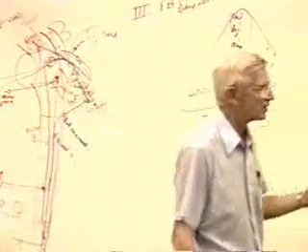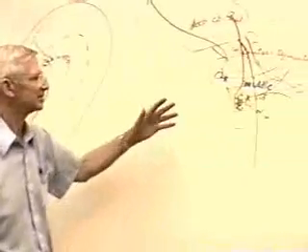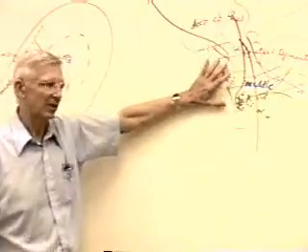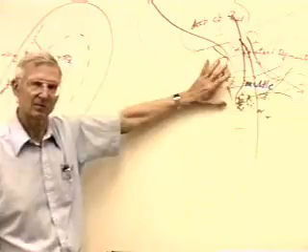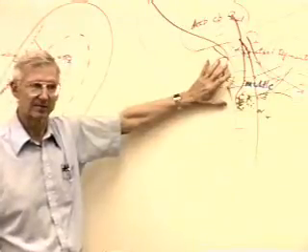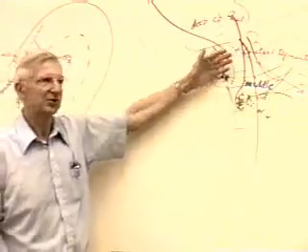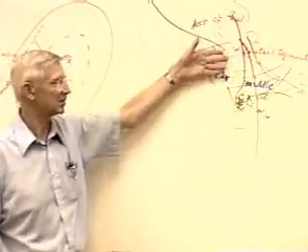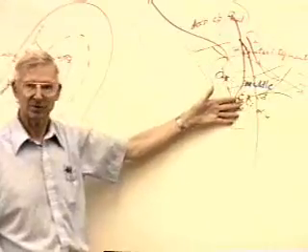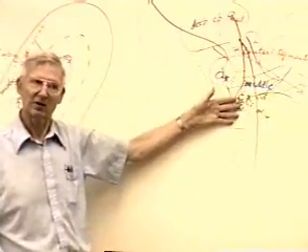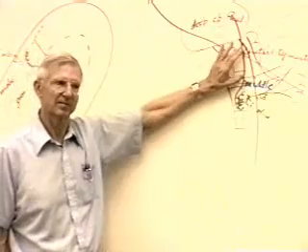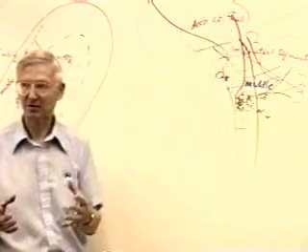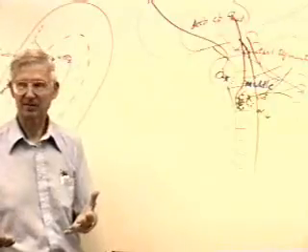Now I just call your attention to the fact that midbrain and hindbrain segmental structures have been obscured by these large suprasegmental paths: peduncle, basis pontis, inferior olive, and pyramid, with one exception, and that's the central tegmental tract, which is coming down through the reticular formation of the tegmentum.